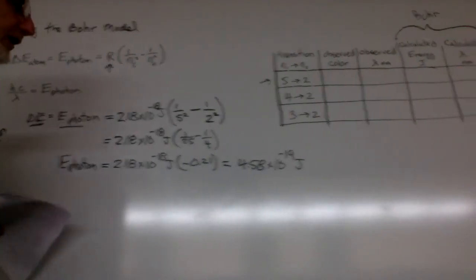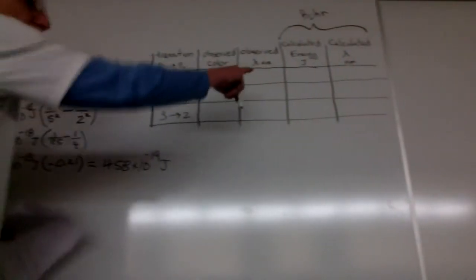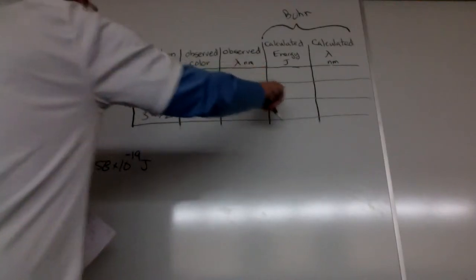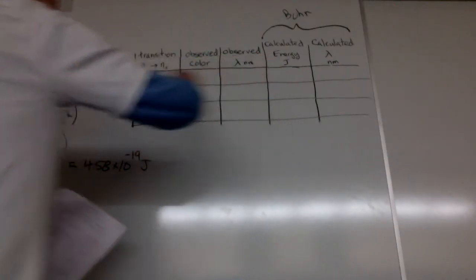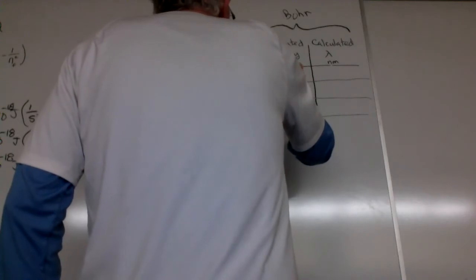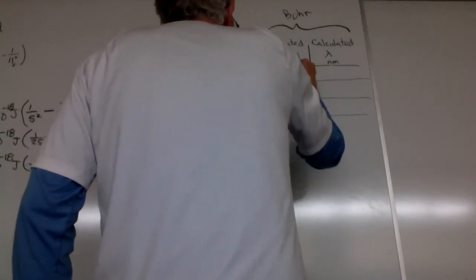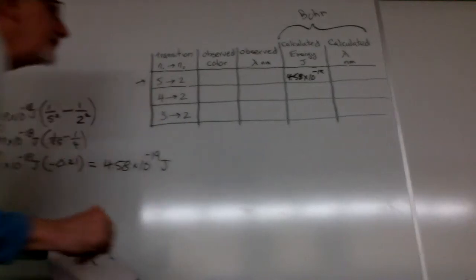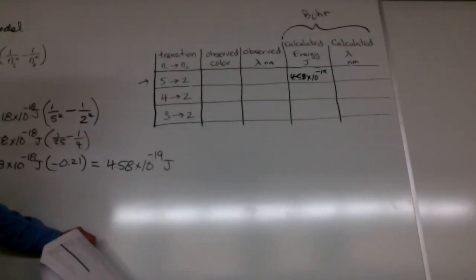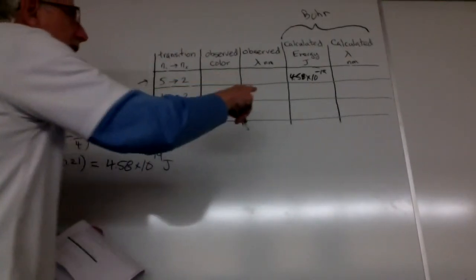So we can plug that in over here. What is the calculated energy from the Bohr model for the 5 to 2 transition? It is 4.58 times 10 to the negative 19 joules. There, so we've gotten the calculated energy using the Bohr model.